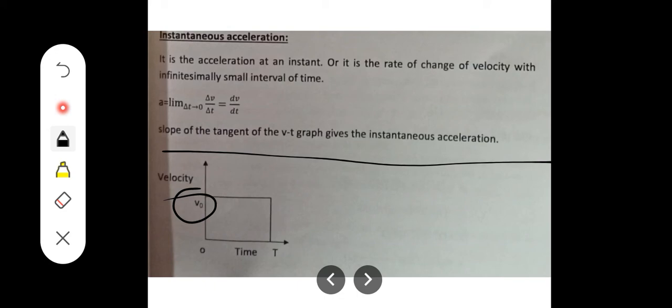It's a straight line, and for some calculations I just drew a line from this straight line towards the x-axis, that is the time axis, and I got a shape here.